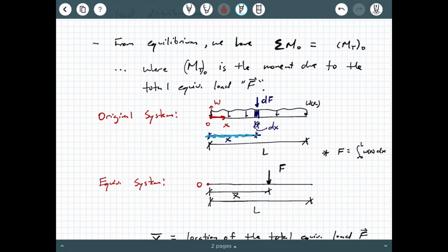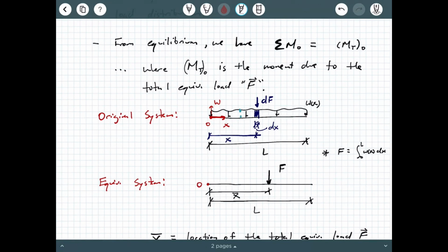So let's take a second, and we're looking only at the original system right now. I'm saying that if you take the integral of this x distance times w as a function of x, and you integrate that from 0 to L, you will end up getting the sum of the moments about point O in the original system.